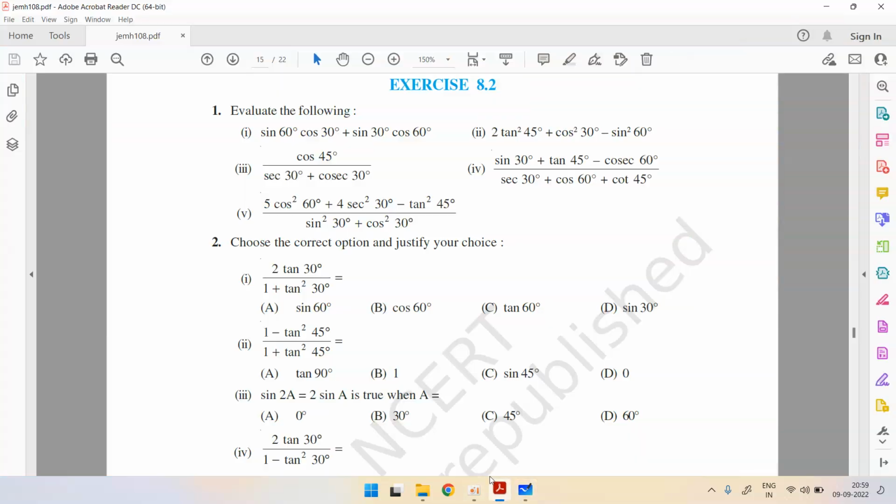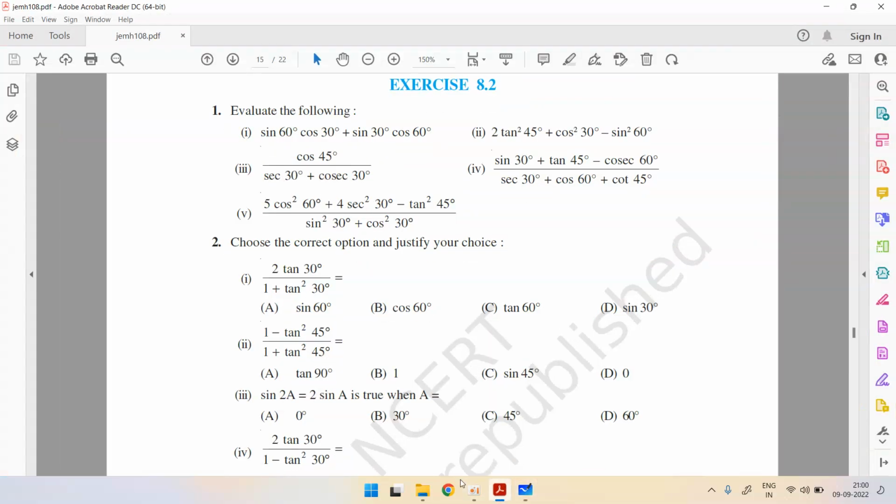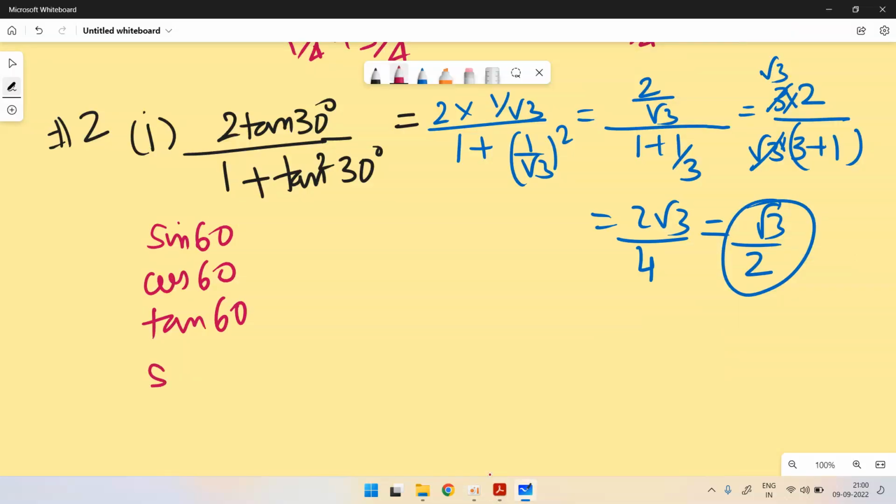And if you see the options, the options are sine 60, cos 60, tan 60, and sine 30. This formula is for sine 2 theta, so this will become sine 60.